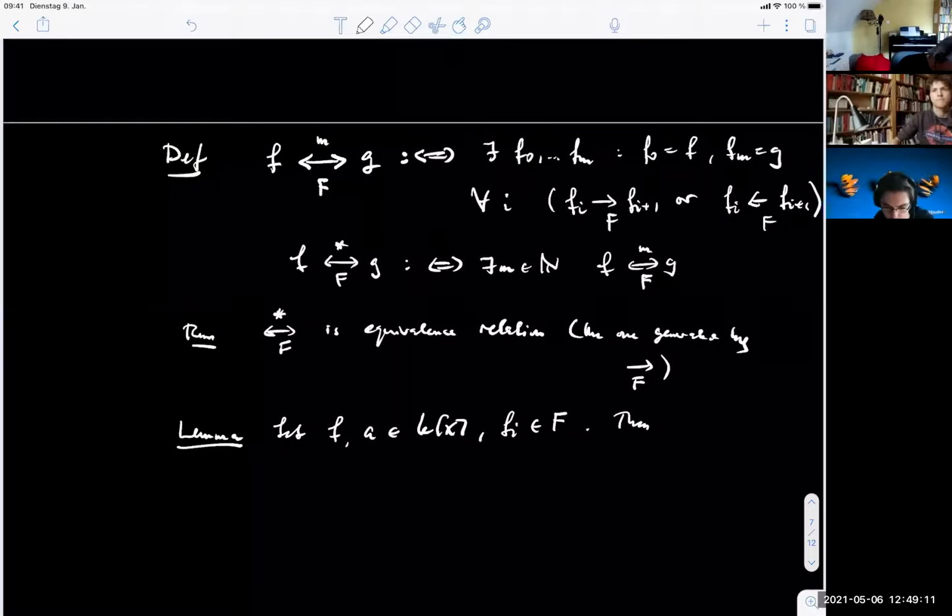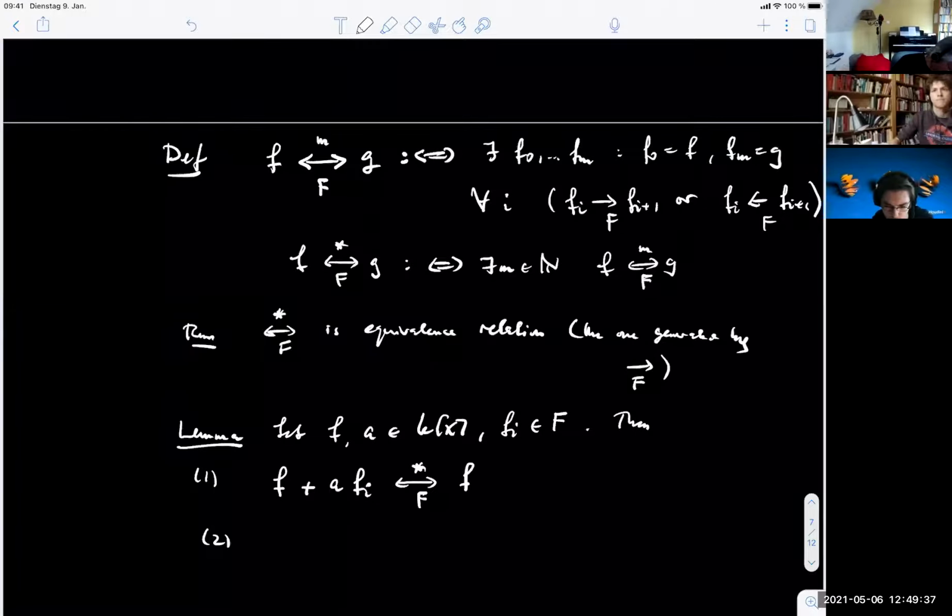There are two statements. One is: if I add to f a multiple of fi, then this is equivalent, in the sense I just defined, to f.